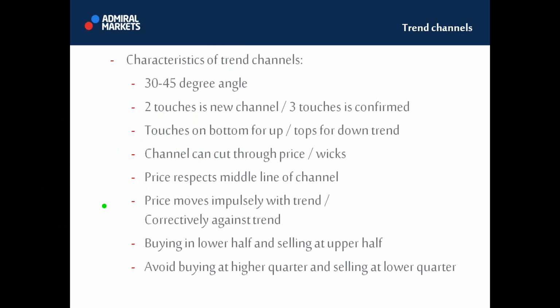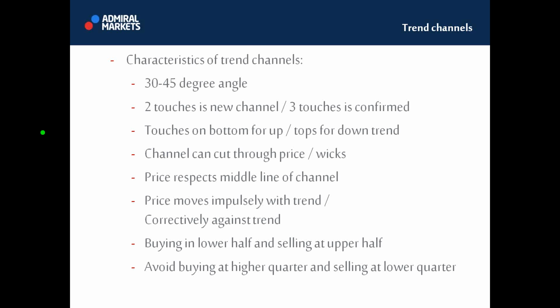Now, of course, price also tends to move with a thrust or impulsively with the trend and correctively against the trend. We already talked about that. And furthermore, to add to the middle line, we can even put quarter lines on the trend channels. I don't tend to do that too often because visually we already understand that.